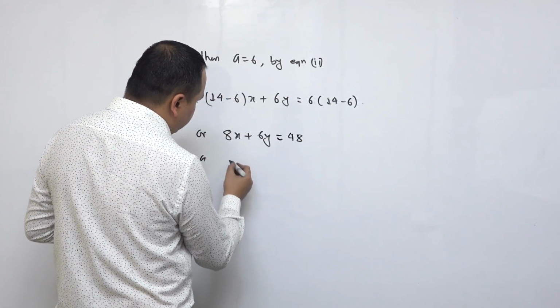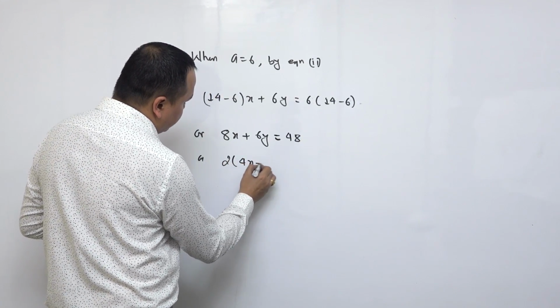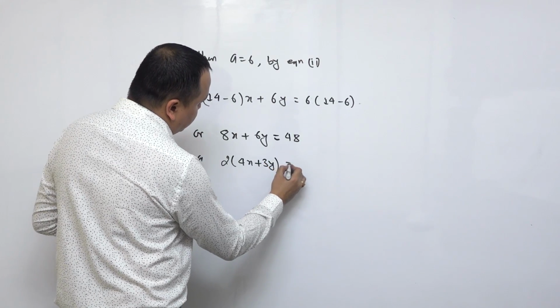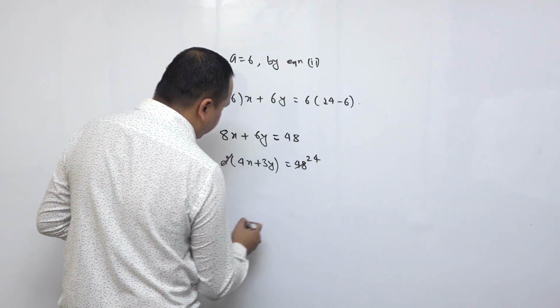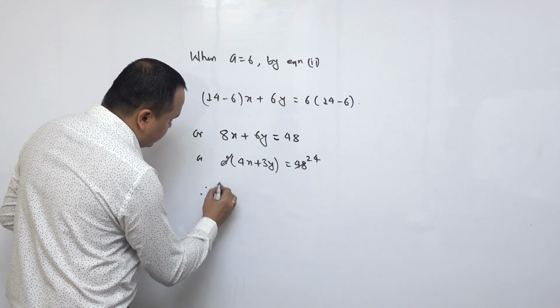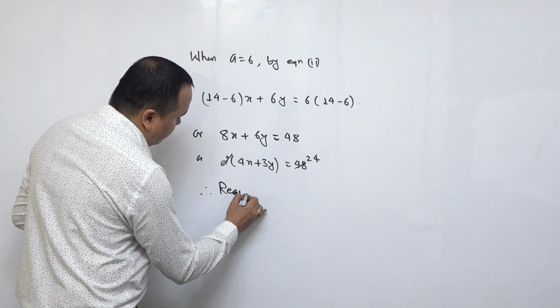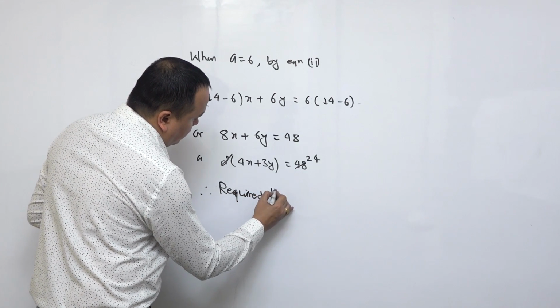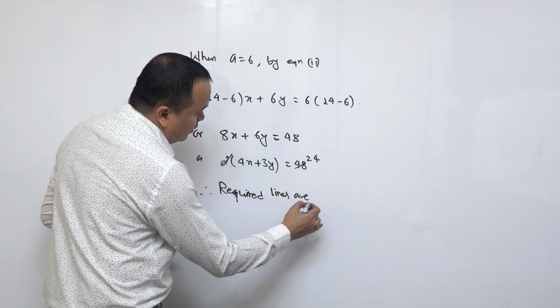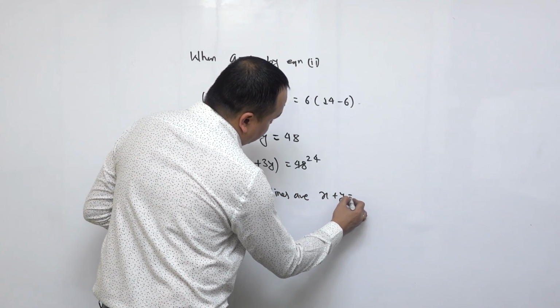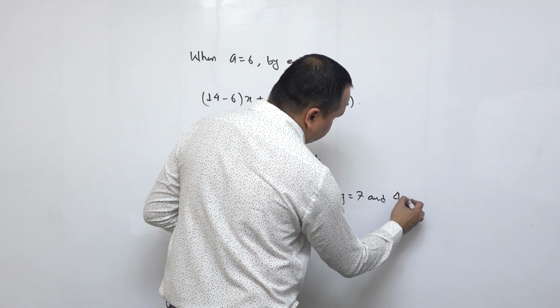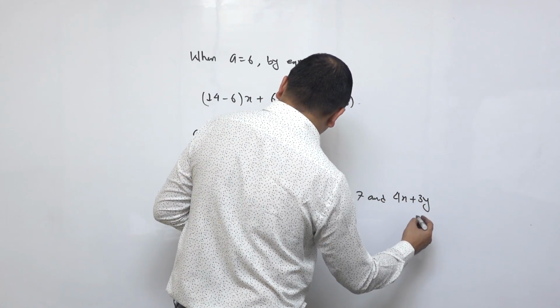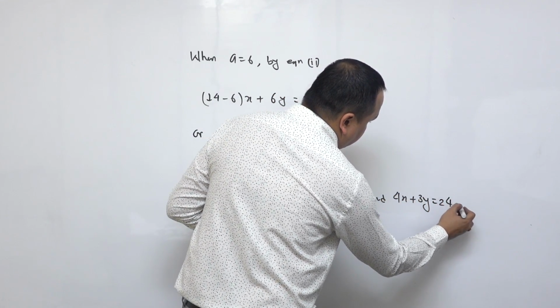Here 2 is common, then 4x plus 3y is equal to 24. Therefore, the required lines are x plus y is equal to 7 and 4x plus 3y is equal to 24.